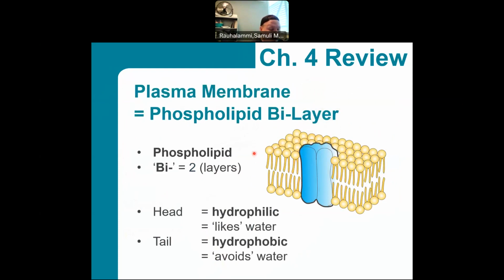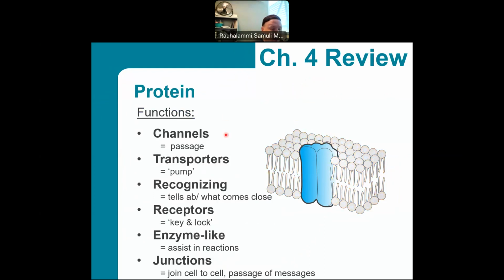So it's not just phospholipids. We often have, for example, proteins embedded into cell membranes. There are many different kinds of proteins, and they can serve many purposes for a cell. They can be channels for the passage of materials in and out of the cell. They can also actively transport materials in and out of the cell as pumps. They can play a role in recognition, for example, one cell recognizing another cell.